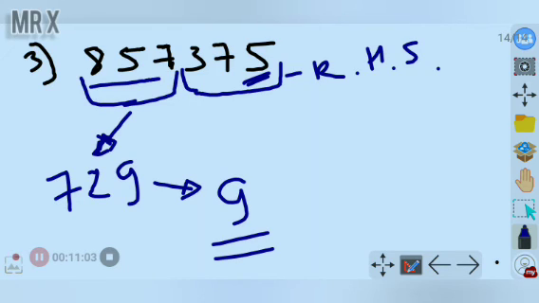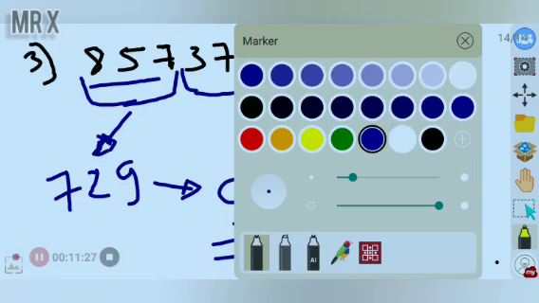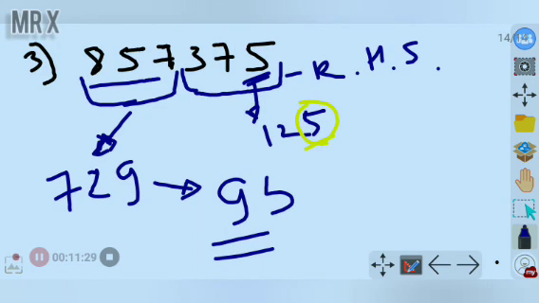The cube of 5 is 125, so the end digit of the cube of 5 is 5. So the end digit of our cube root becomes 5. In this way, you will find out how to solve the question.